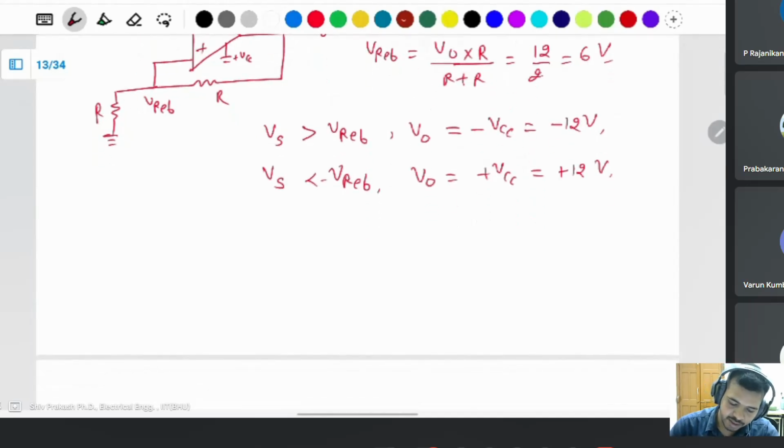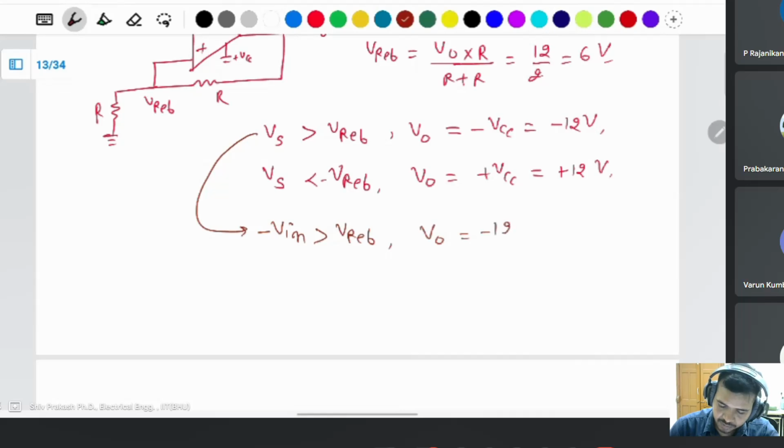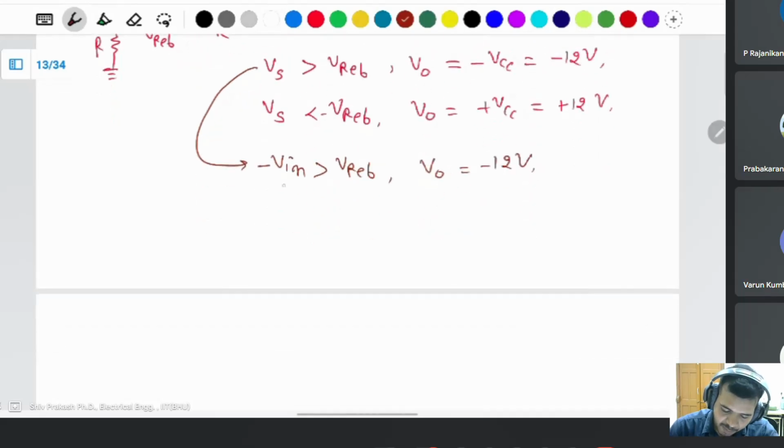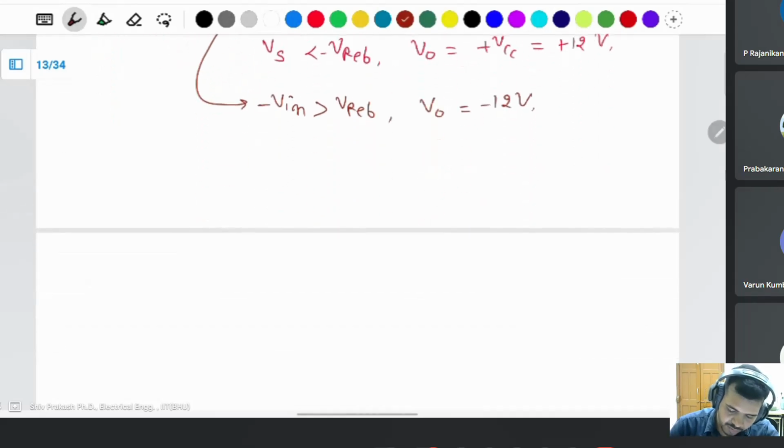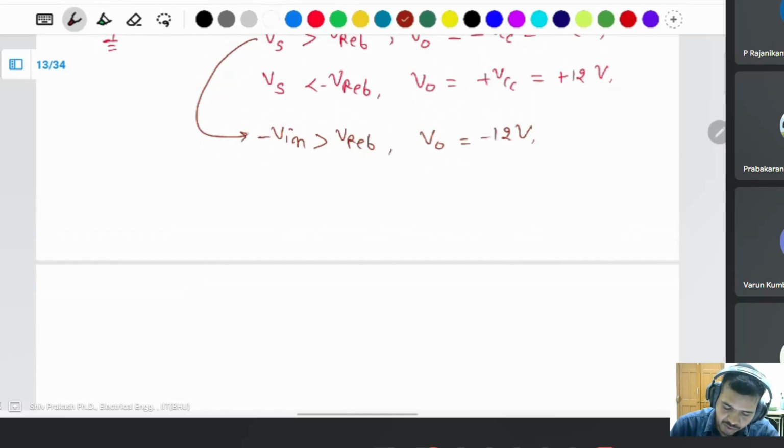But Vs is the same as minus of V in. Suppose we multiply this by a negative, then what happens?